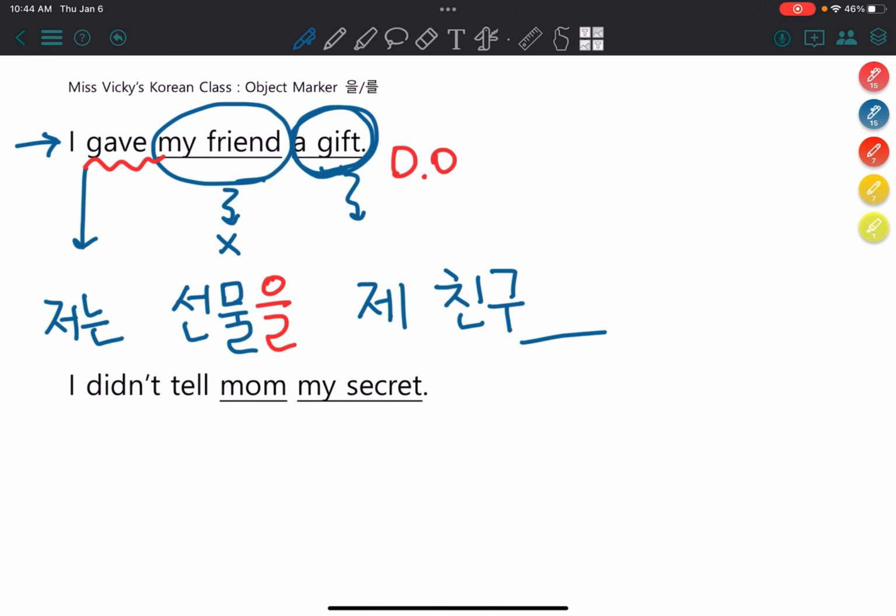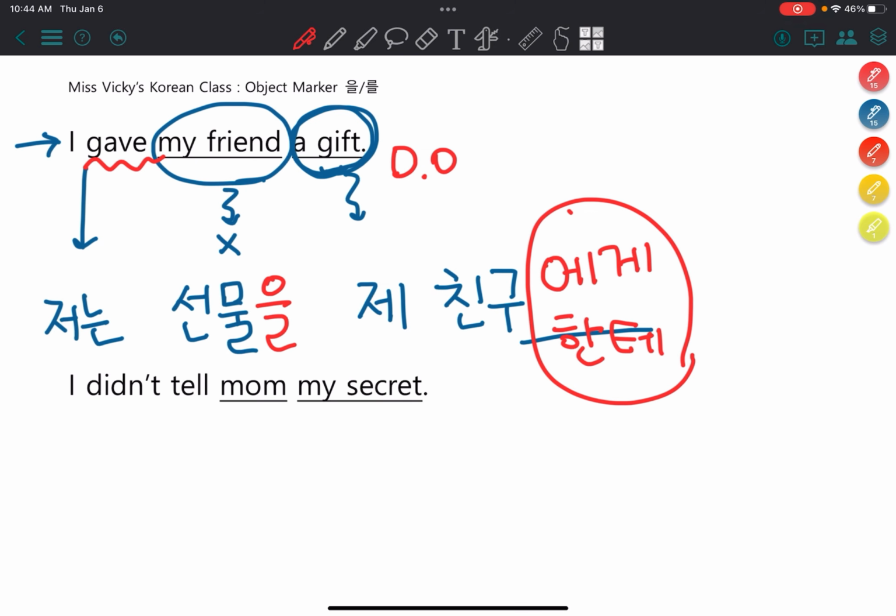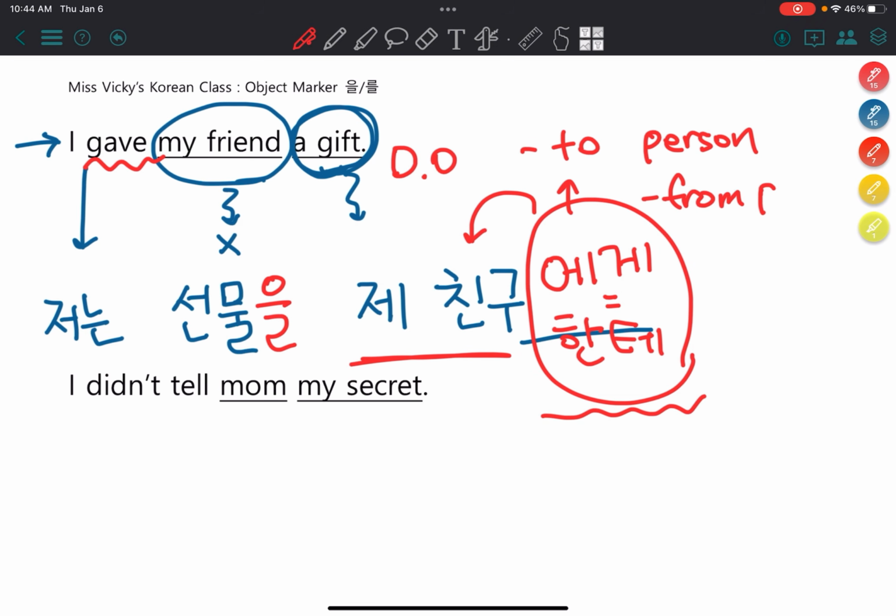And we learned that another particle has to be used other than the object marker, right? And that particle is either 에게 or 한테. 에게, 한테, they mean the same thing and they mean to a person. So these are the particles that are only attached after a person noun to mean to a person. It can sometimes mean from a person as well, and I actually have a separate video on these two particles, 에게 and 한테, and you can check it somewhere above here.